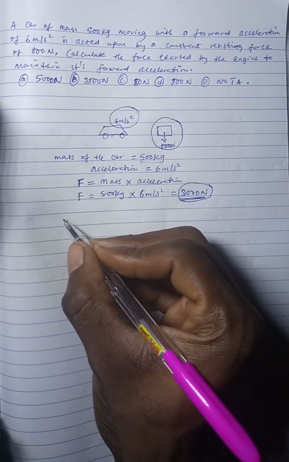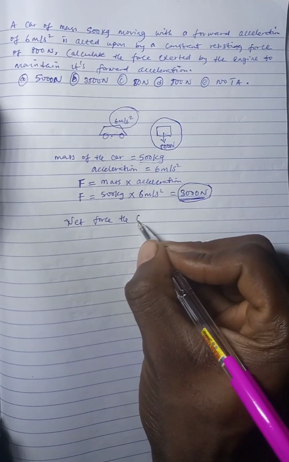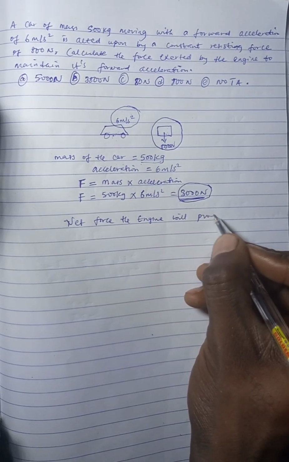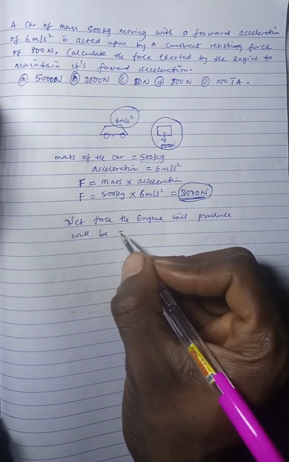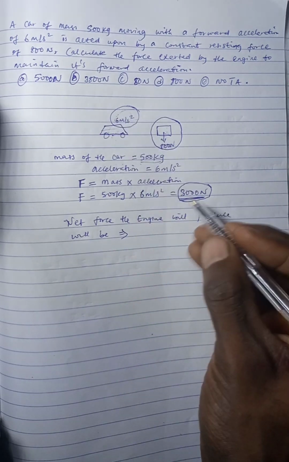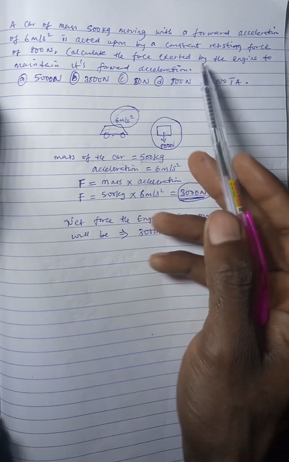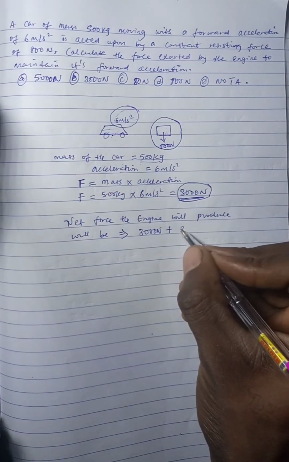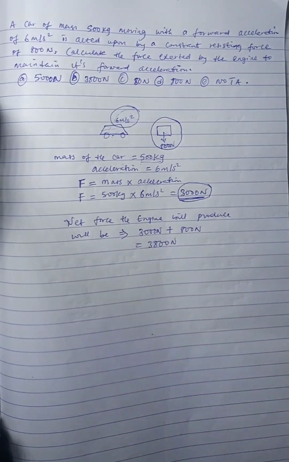So the net force the engine will produce will be the force the engine produced to move the car at this rate, which is 3000 Newton, plus the force of the resisting material, that is 800 Newton, which will give us 3800 Newton.